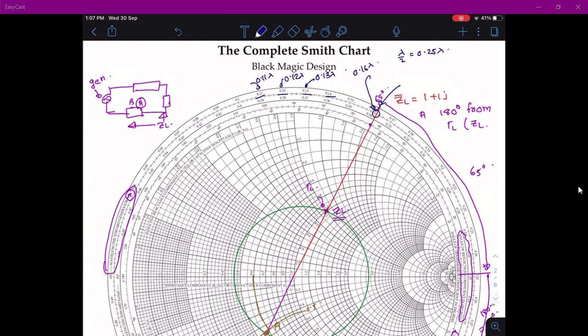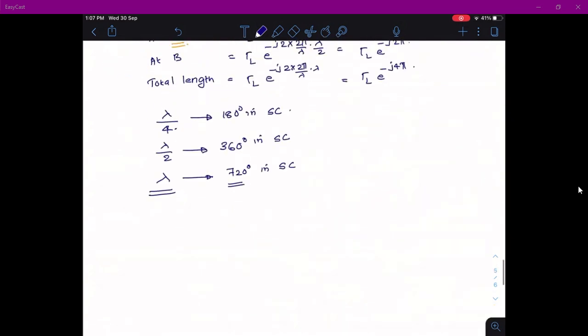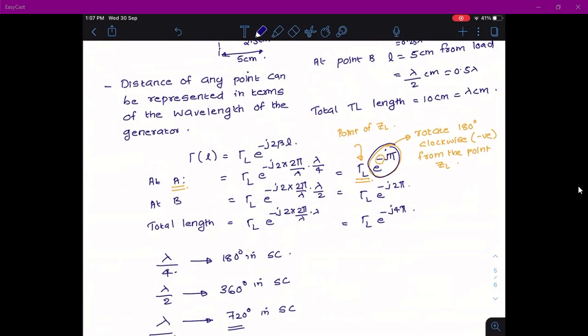Okay, now the value at A is lambda by 4, which is 0.25 lambda. Fine. So at the load, the distance is equal to 0.